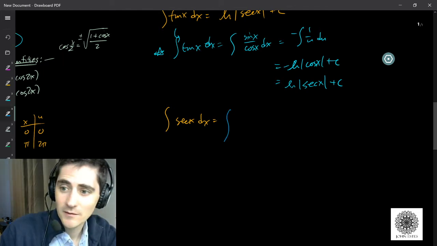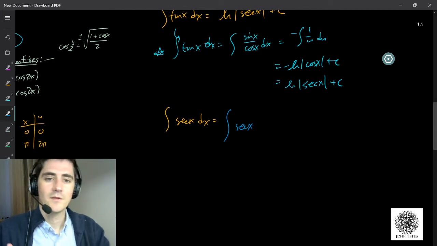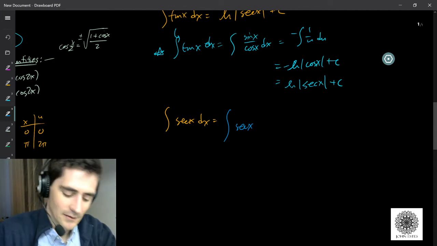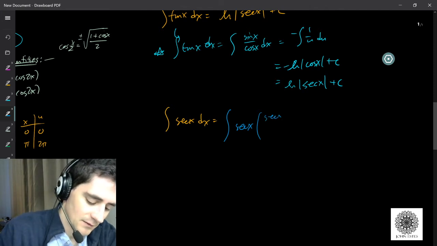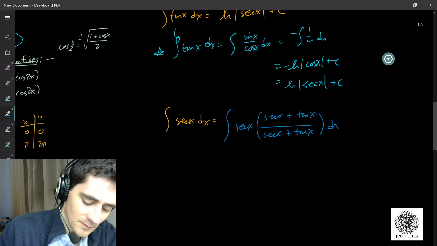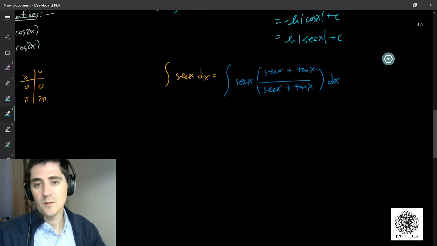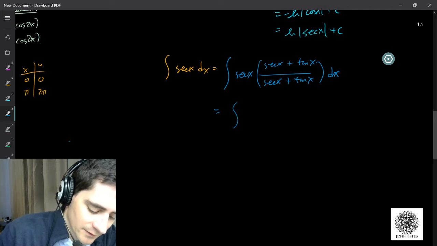So here we have the integral of secant x, and I'm going to multiply something in the numerator and the denominator. And I think it's going to be obvious to us. It's going to be secant x plus tangent x divided by secant x plus tangent x. Doesn't that seem obvious to you? Probably not. I'm being a little sarcastic, but watch what happens. In the numerator, I distribute the secant x.